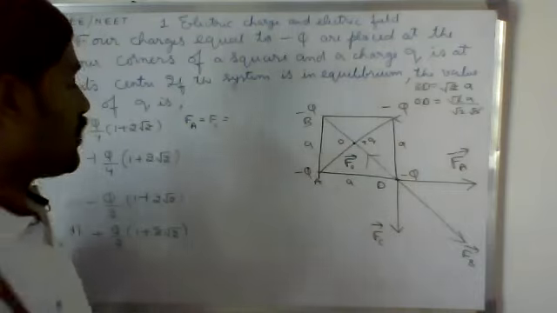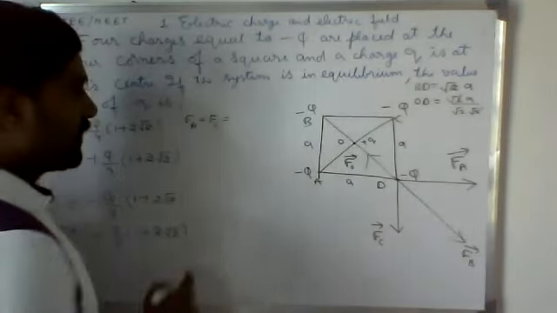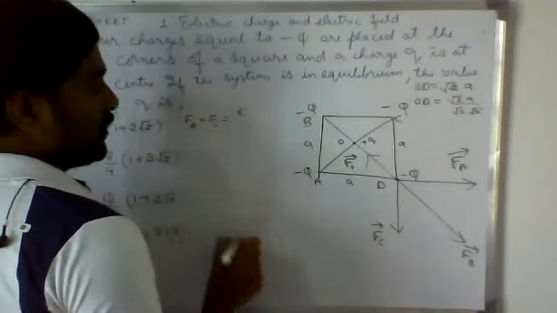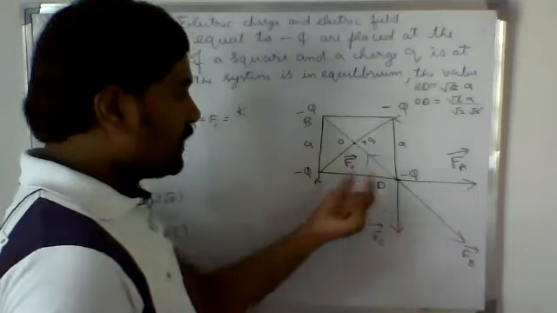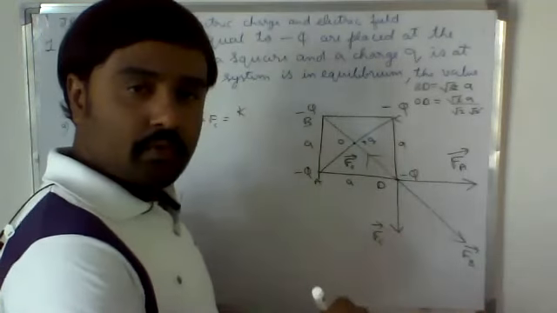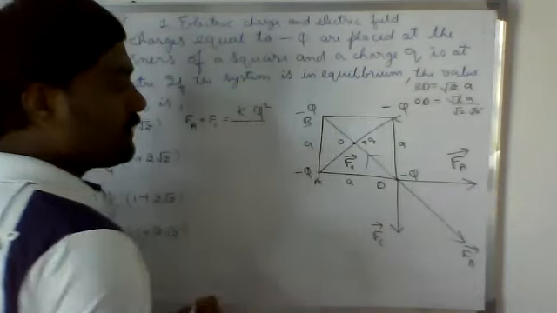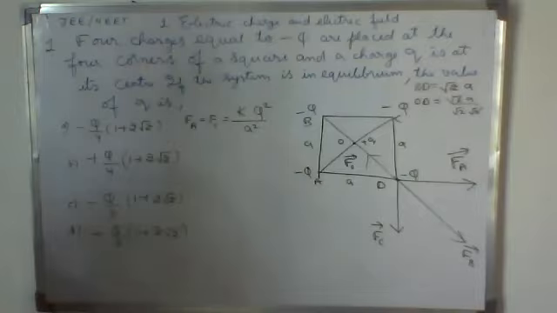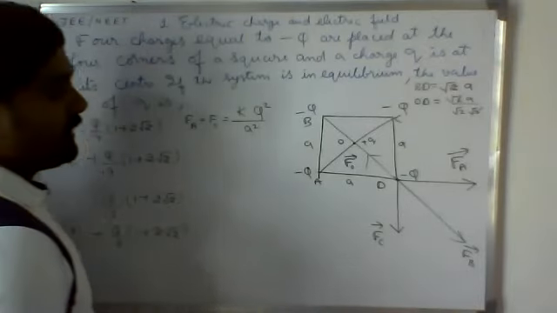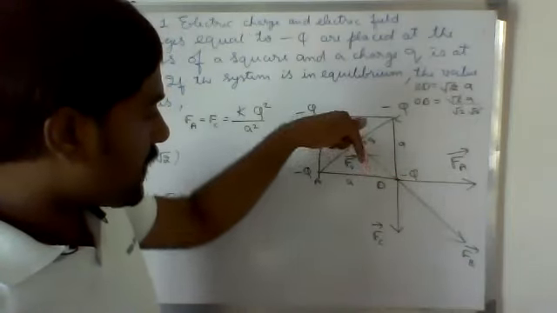This point is very important. So that value, according to Coulomb's inverse square law, is K into the product of the magnitudes of the two charges, minus q magnitude q, minus q magnitude q, that is q into q, q square, divided by the square of the distance, that is a square. Okay, right? So after that, what is the resultant of the FA vector and the FC vector?